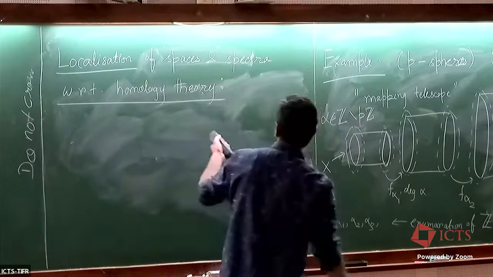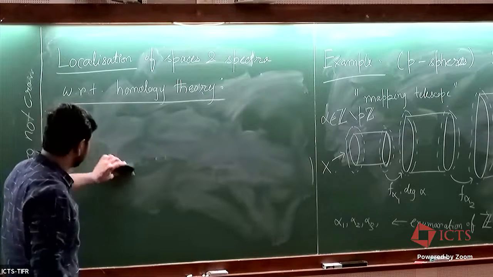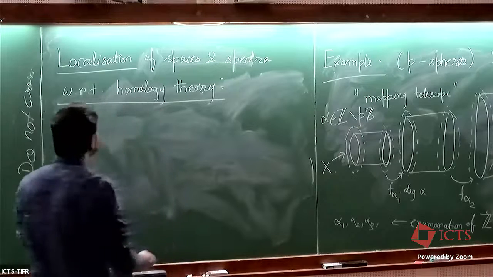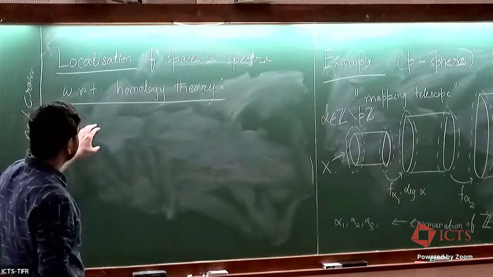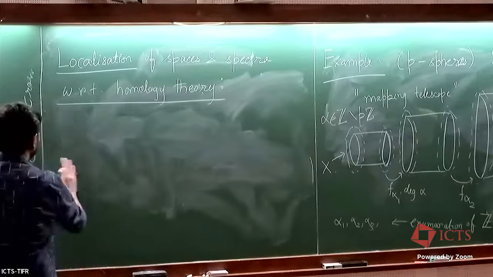So Adams, for his work on the Adams spectral sequence, wanted to get localization of spaces with respect to homology theory, and then Bousfield proved that. What exactly do I mean by that?